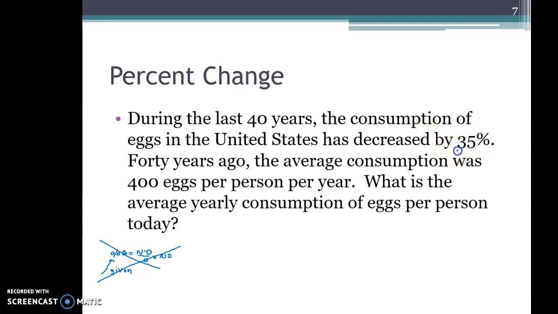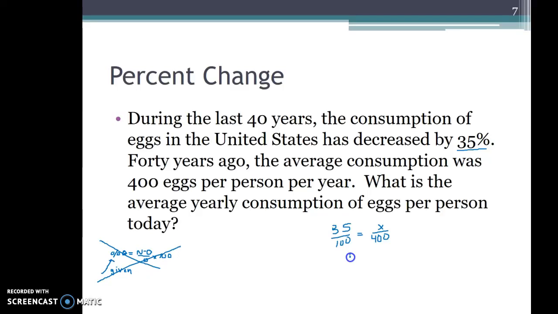So here is my percent, and I'll make it into a fraction. So 35 out of 100. The 400 eggs is the original amount, or the total amount that was consumed, and we want to know the change, the 35%.